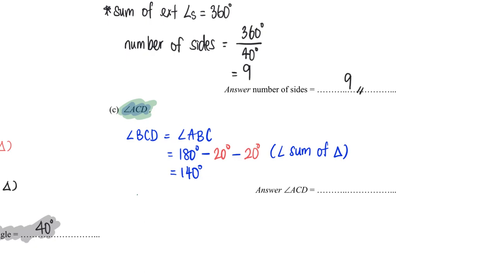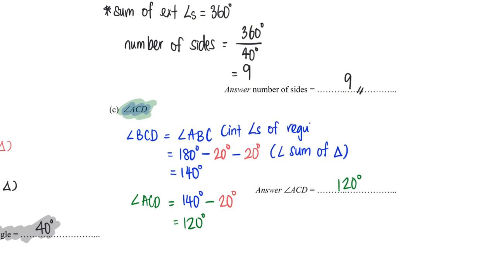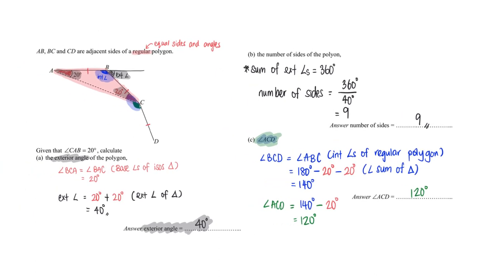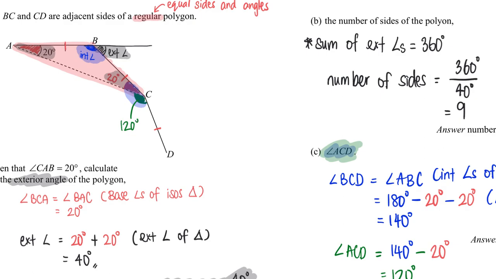And therefore, finally, angle ACD is equal to 140 minus away my 20 degrees. By the way, these are interior angles of a regular polygon, and they must add up to 140 degrees.